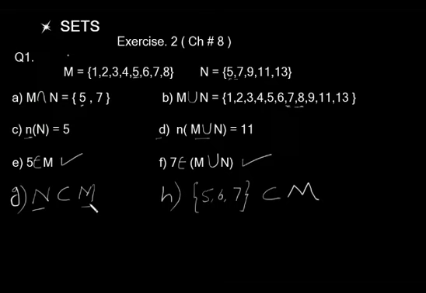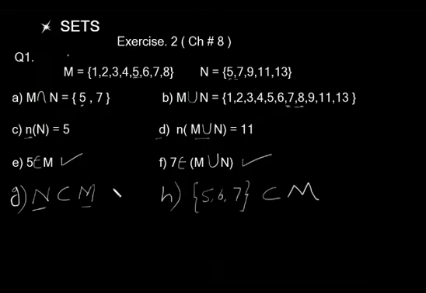Second is that the right side set must be greater than the left hand set. So let's see the first check, the members of N. If you look at the members here, it has 5, 7, 9, 11, 13. We have to see whether they are in M. Only 5 and 7 are there and the rest of the members are not. So straight away it is not possible at all. It means that this is not true.